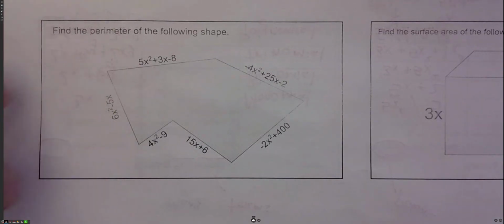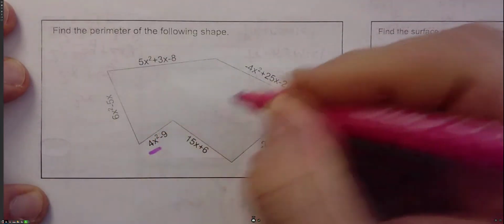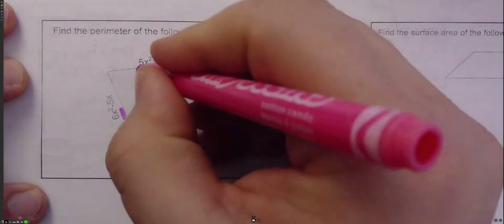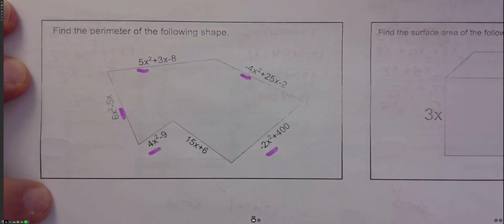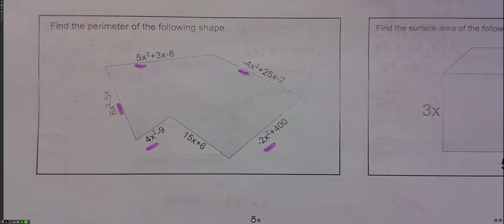So I'm going to start with my x squared. I've got a 4x squared, a 6x squared, a 5x squared, a negative 4x squared, a negative 2x squared. We just add up all the sides.